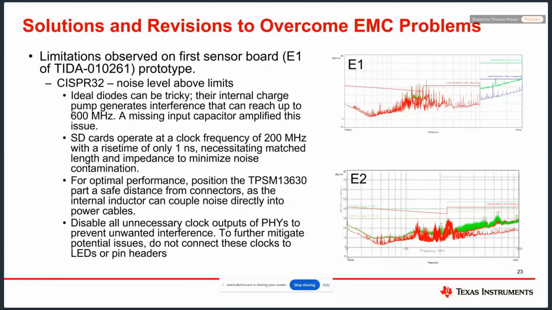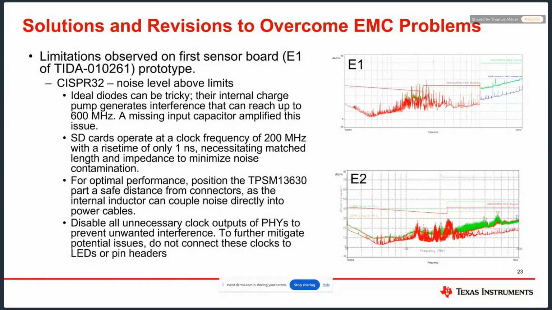The second item is this SD card, which operates up to a frequency of 200 megahertz. And because of these fast rise times of only 1 nanosecond, here we matched the length and also matched the impedance to minimize the noise contamination. Then we have used in the power module this TPSM13630.